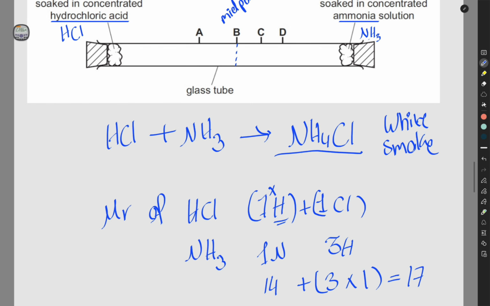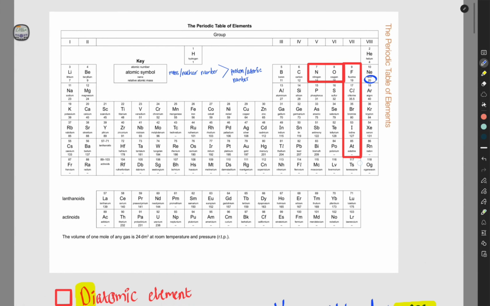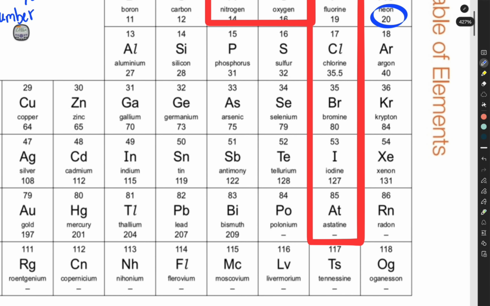For HCl, the mass for 1 hydrogen atom is 1, and I already have 1 hydrogen atom, so I have 1 plus 1 chlorine atom. 1 chlorine atom is 35.5, that's the mass for it. You can see in the periodic table, chlorine, 35.5.